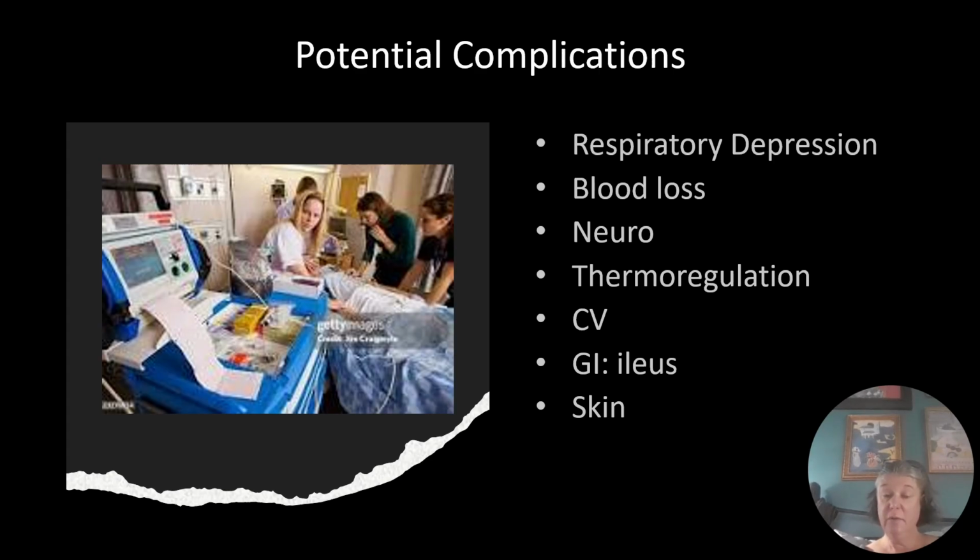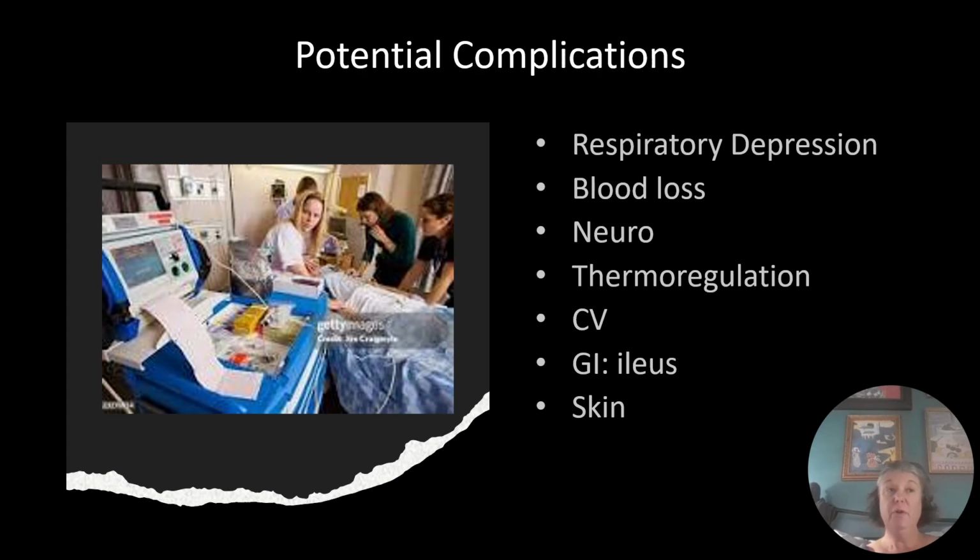We talked about neuro. Some of the problems with neuro status post anesthesia is that if people went in with any sort of cognitive impairment, or our older people, or people with liver or kidney issues, that's what I was aiming for.